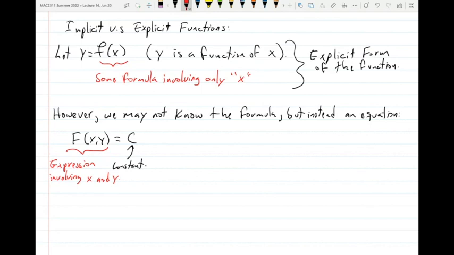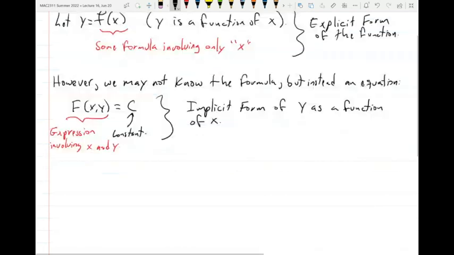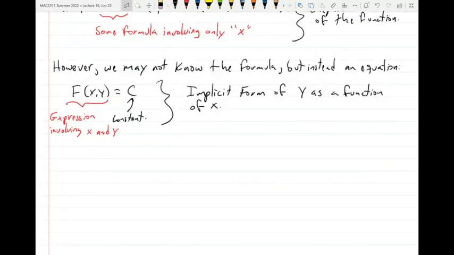Whenever you have something like this, we are in the presence of what we call an implicit form of y as a function of x. Let me write down the definition, and I'm going to give you an example so you can see.